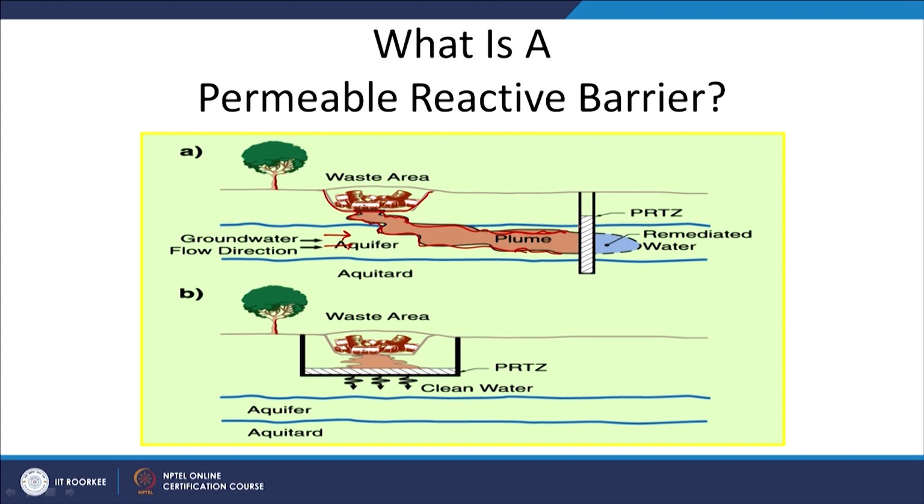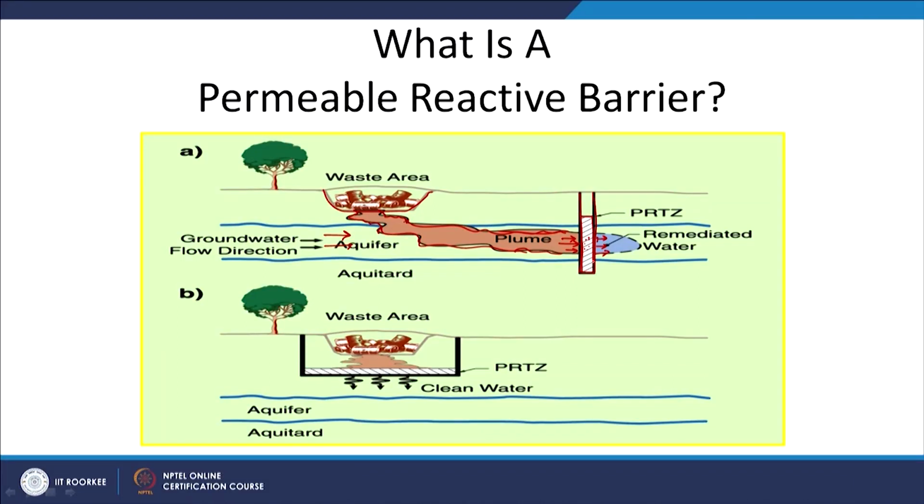Now, where is the PRB here? Here I am going to have the PRB. This is obviously the side view, right? And as the groundwater flows through this particular barrier or reactive media, you are going to have the relevant reactions out here, and the water coming out is going to be the treated water. So again, this is your PRB out here.